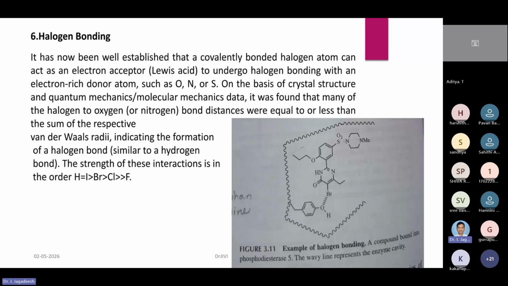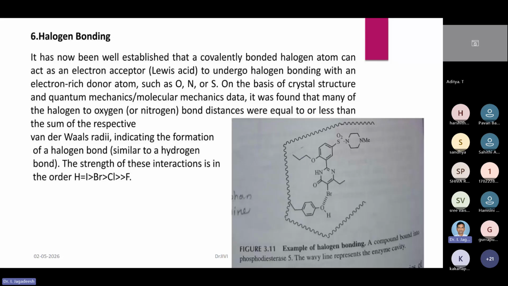This is based on crystal structures, quantum mechanics and molecular mechanics. The quantum mechanics part we will deal with separately, preferably in the fifth unit at the end, so at this time we are not going deep into that. For now we just look at the forces, and the energy involved comes later.